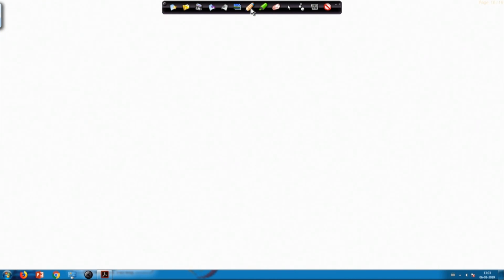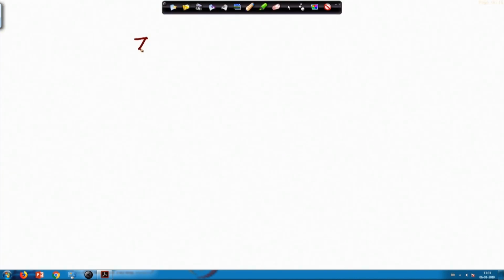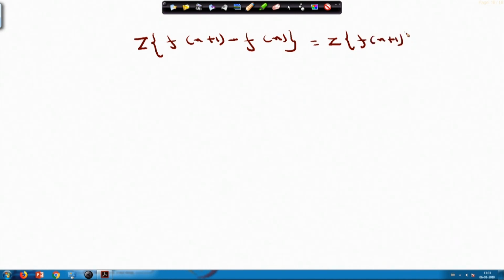We have the Z transform of f of n plus 1 minus f n. This equals the Z transform of f of n plus 1 minus the Z transform of f n.